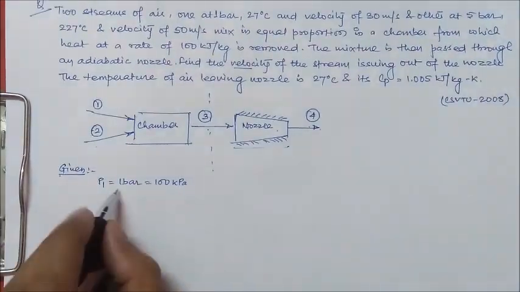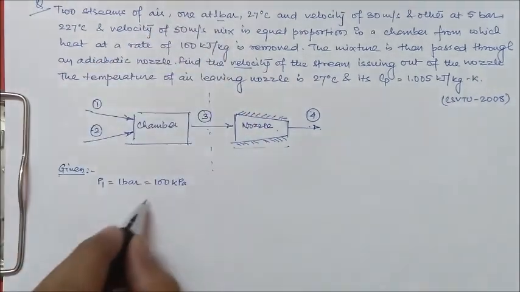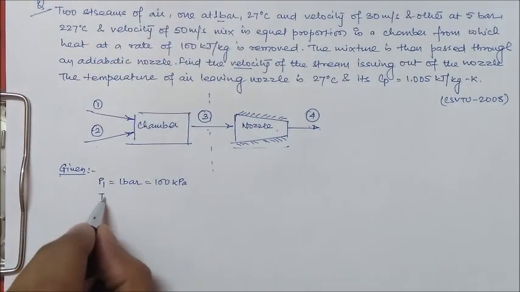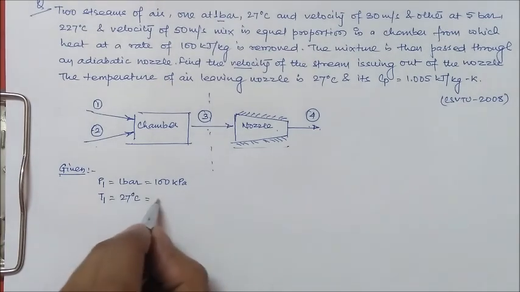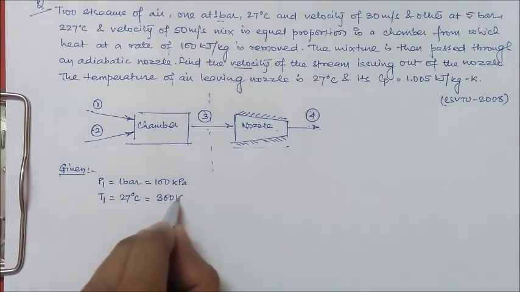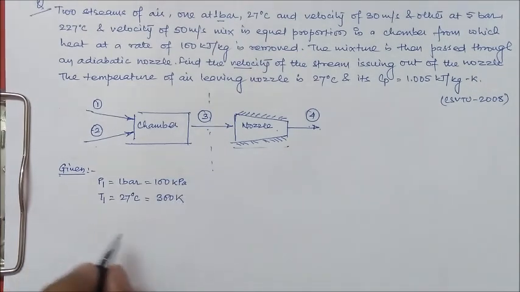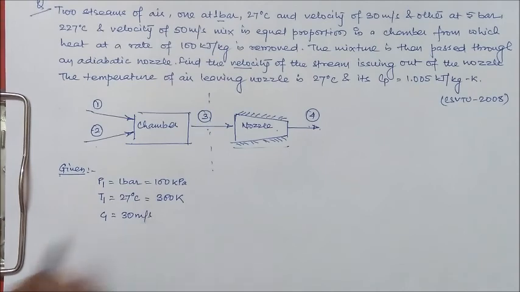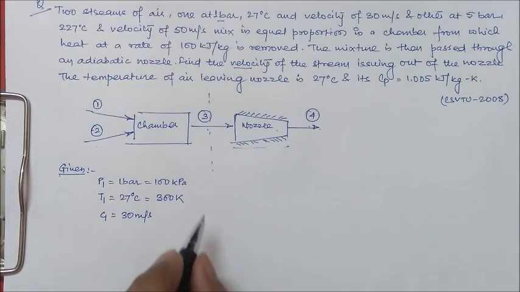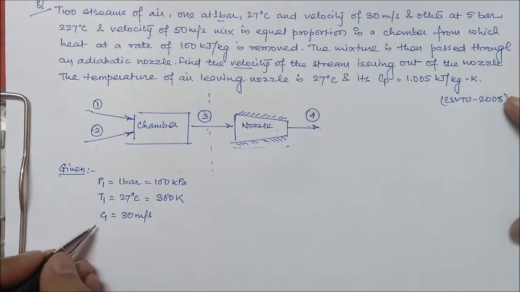T1 we have 27 degrees Celsius, which we convert to Kelvin by adding 273, so it will be 300 Kelvin. We have velocity as 30 meter per second. This is the condition of stream 1.